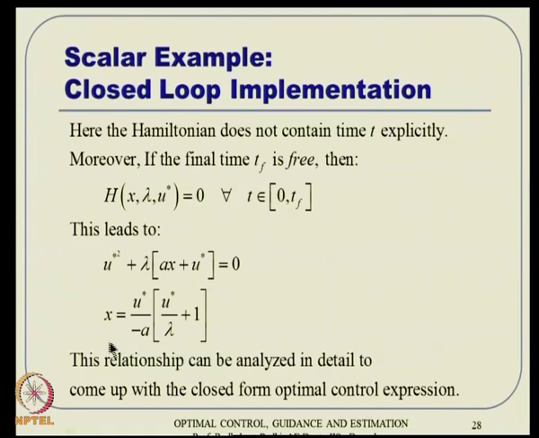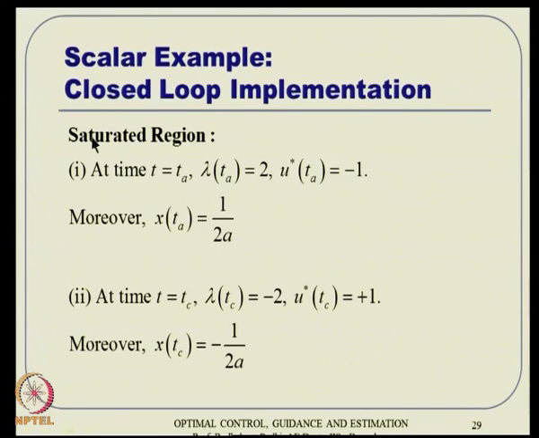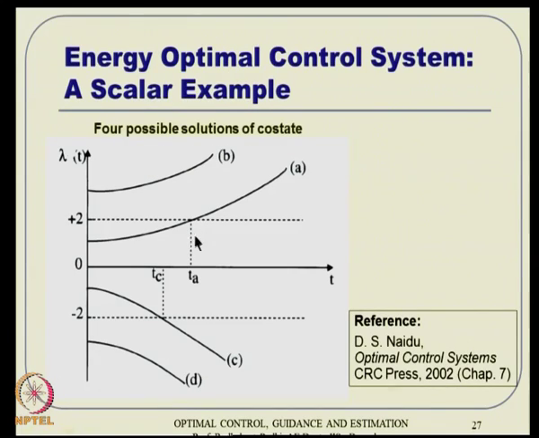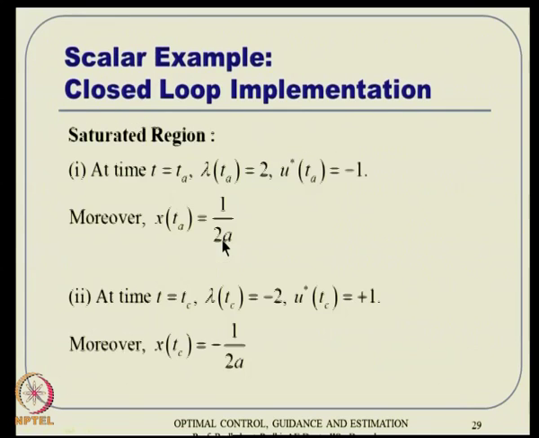So, this is solved for x in terms of u and lambda; this constraint equation will be analyzed in detail. Now, we talk about the saturated region and unsaturated region separately. If it happens to be the saturated region at t equal to Ta, or Tc, either way, what is the particular value of x at that time? That is what we are interested in.